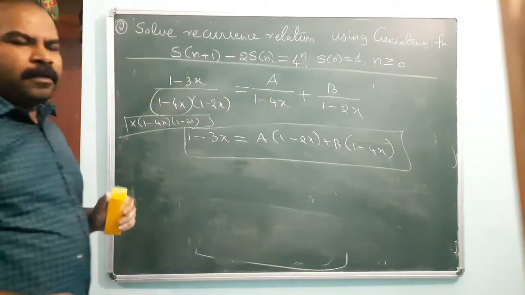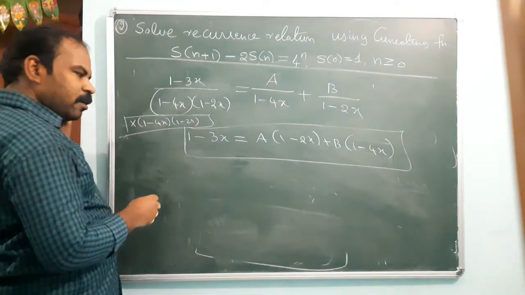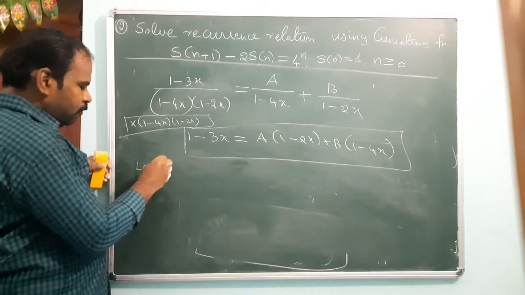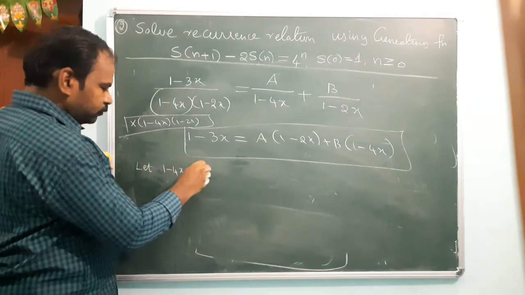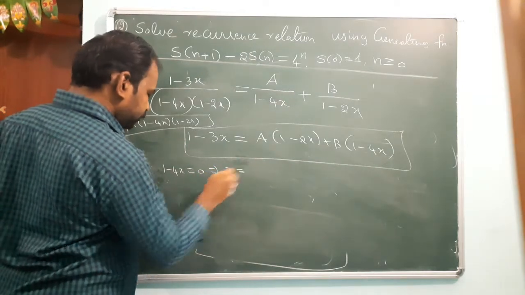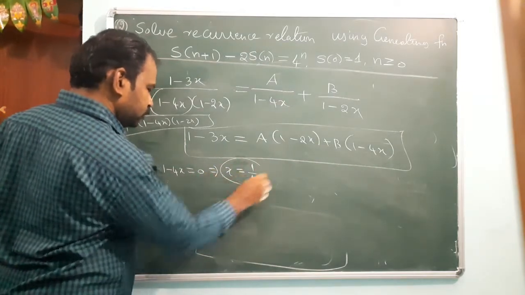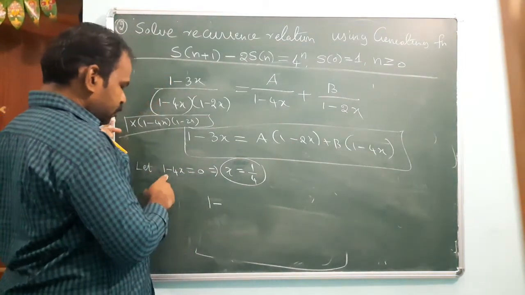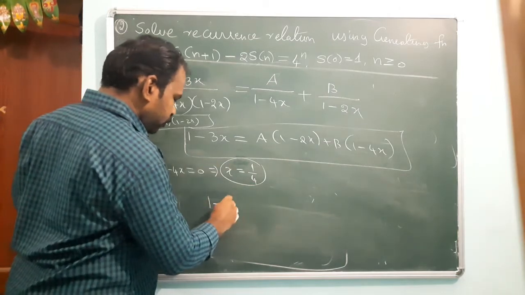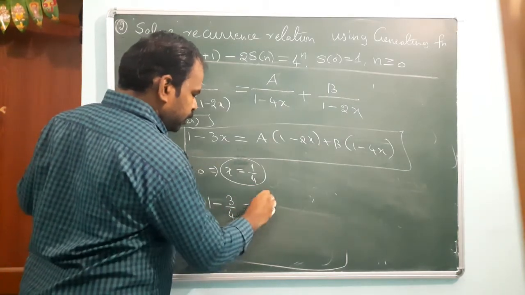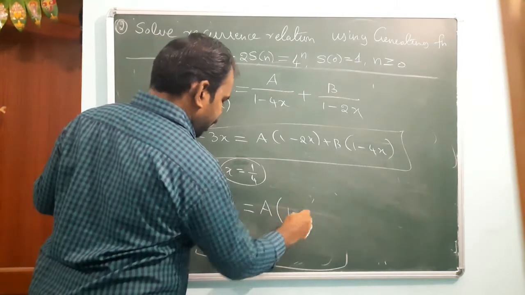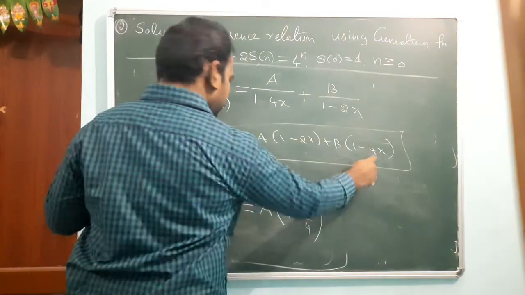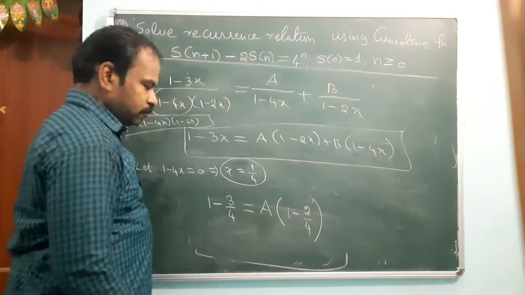To find the values of A and B, first we substitute. Let 1 minus 4x equal to 0, then x equal to 1 by 4. So we have 1 minus 3 by 4, which is equal to A into (1 minus 2 by 4), since the 1 minus 4x term is 0.